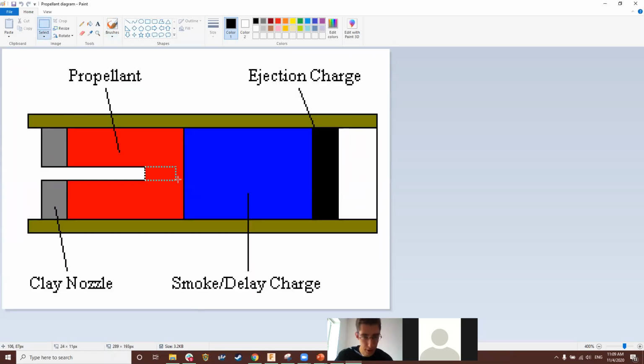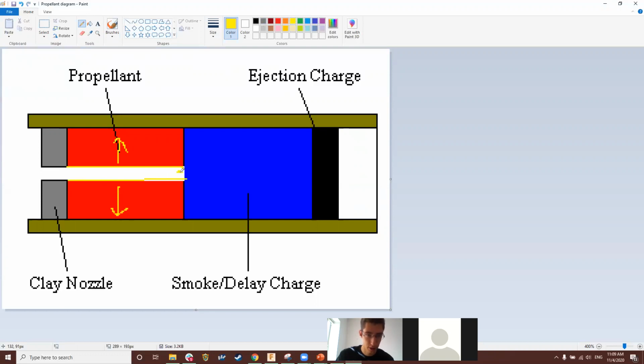So actually this entire thing should be hollow. So this entire surface burns all the time. It's not the best color. Maybe let's use yellow. This burns and this burns, burning radially.